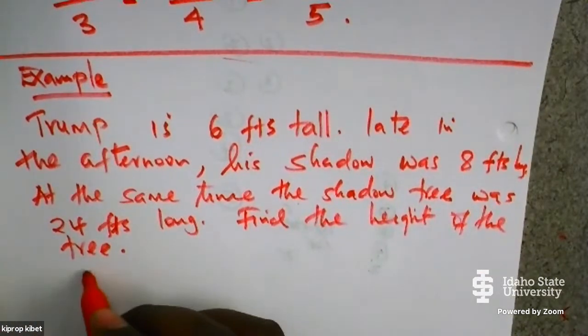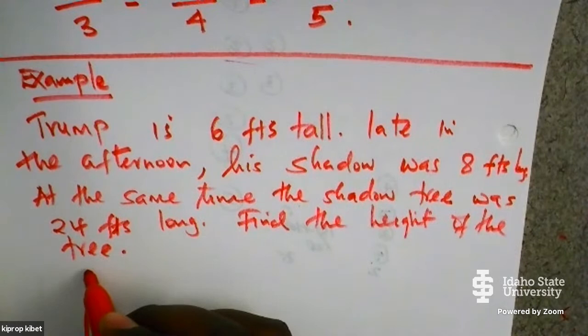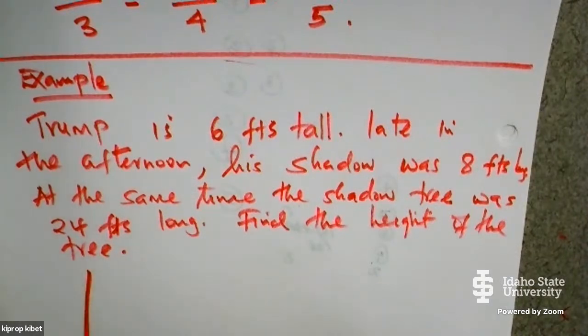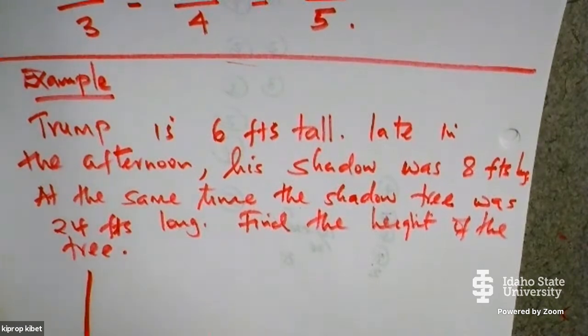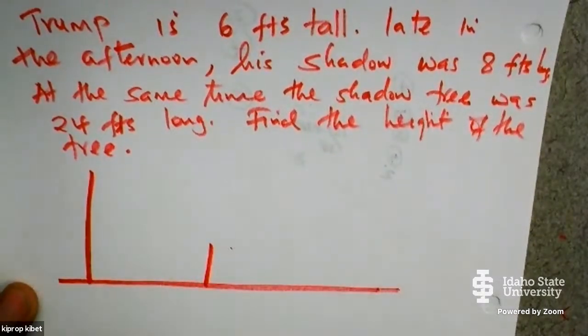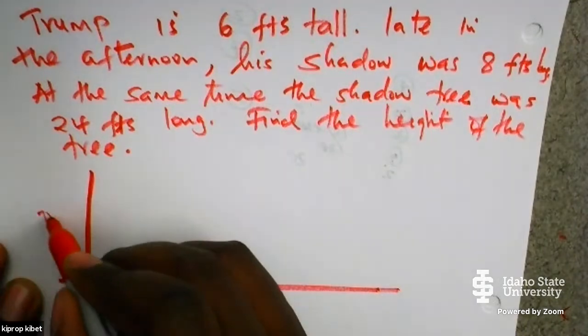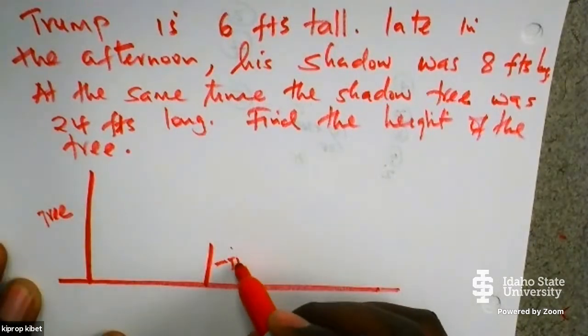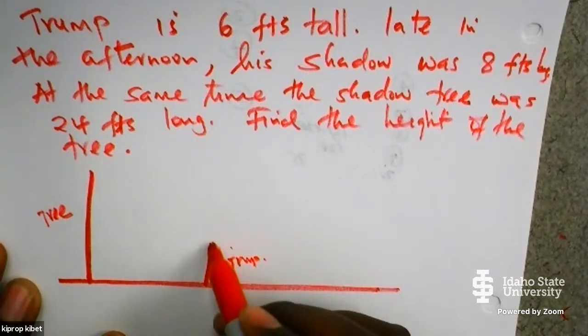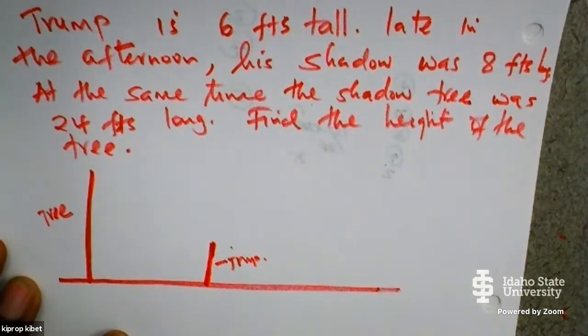So if this is a tree, and this one is this guy over here, that means they are standing on the same level.